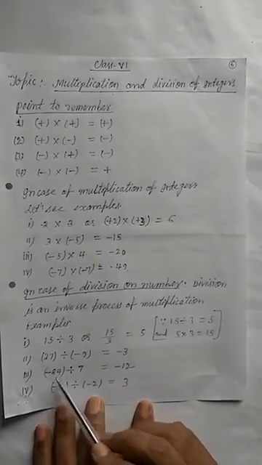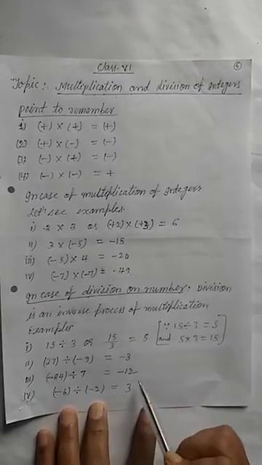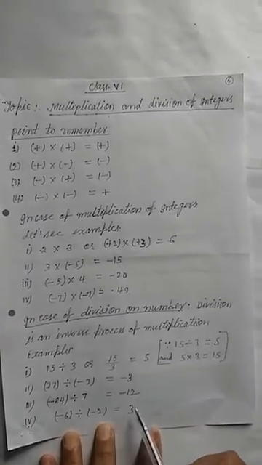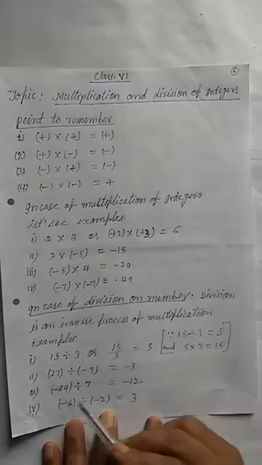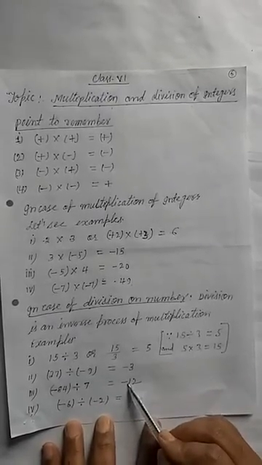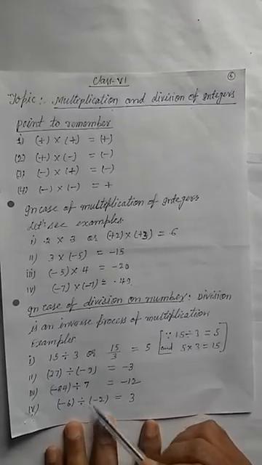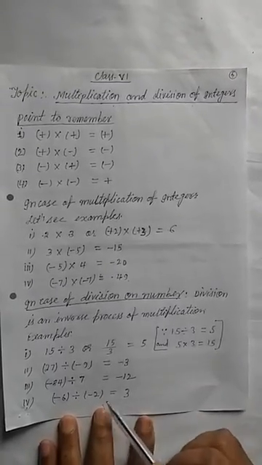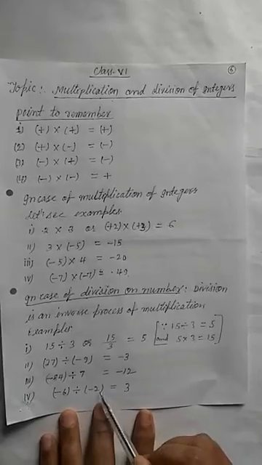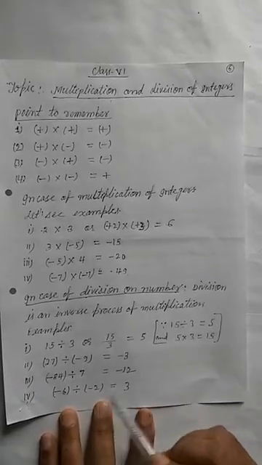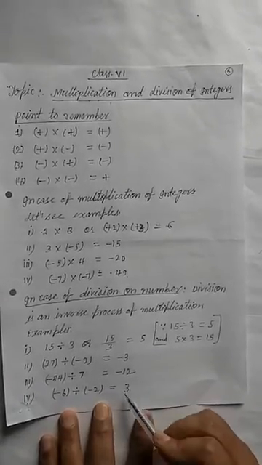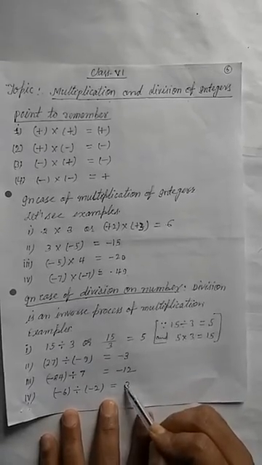First we divide in the common way: 12 sevens are 84. What sign will it be, student? Minus, on the basis of the third rule. The last example is minus 6 divided by minus 2. First divide 6 by 2, which is 3. What sign will it be? Minus divided by minus means plus, so no need to write it.